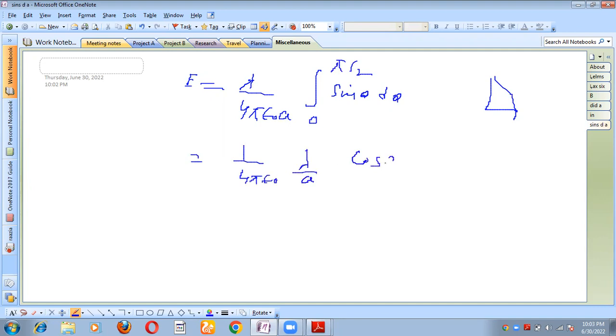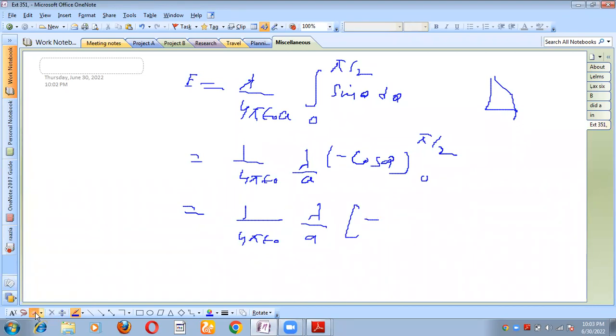The integral of sin theta is minus cos theta, and theta will vary from 0 to pi by 2. So from here, what will be the value? 1 by 4 pi epsilon naught lambda by A, I will take the minus outside also.